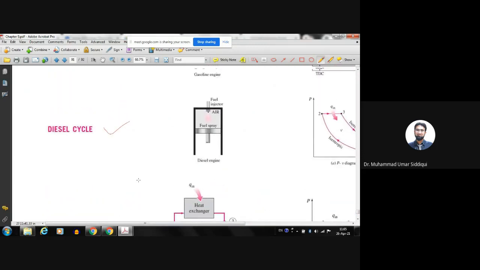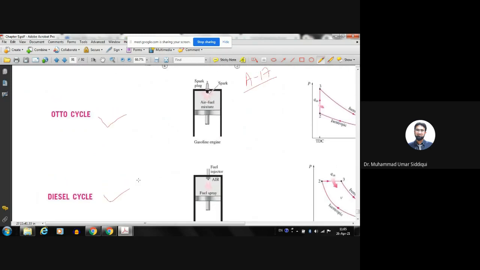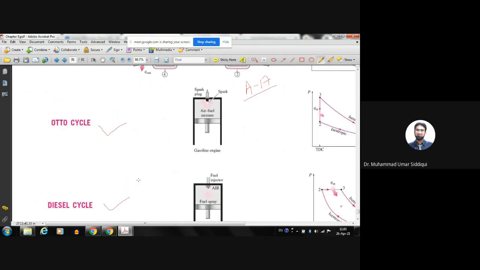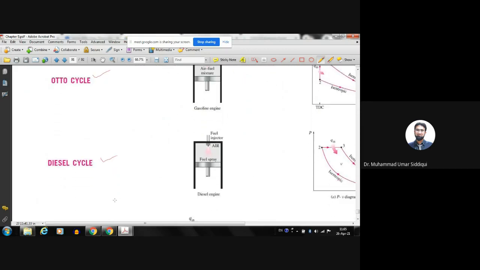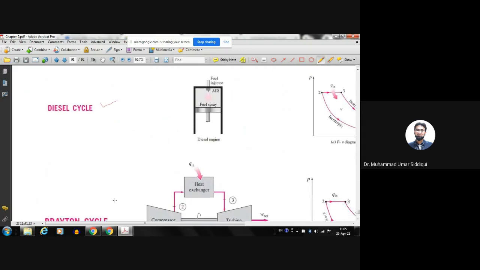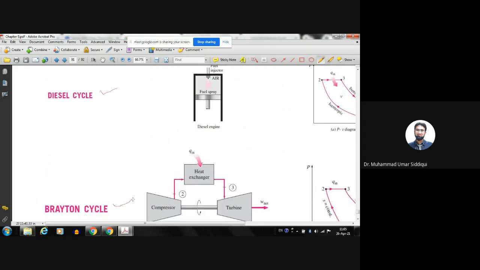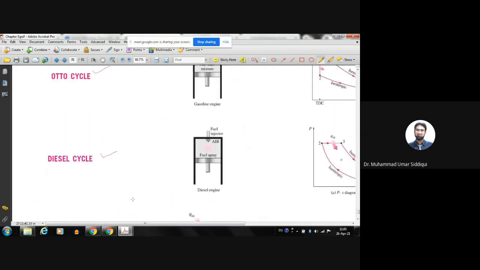In this lecture today, my focus would be first to summarize things in front of you in a way that you understand how to remember these cycles and what the differences are between them.